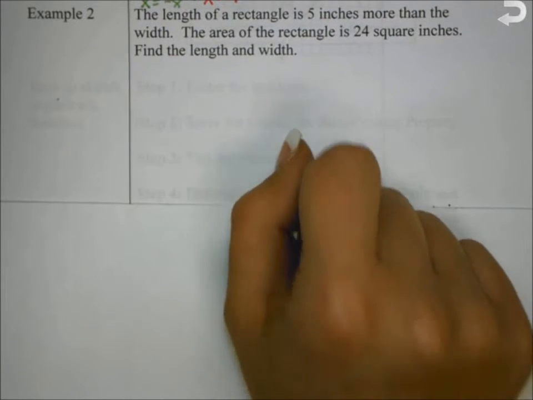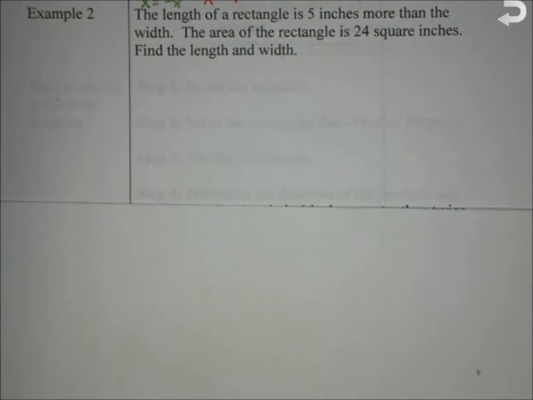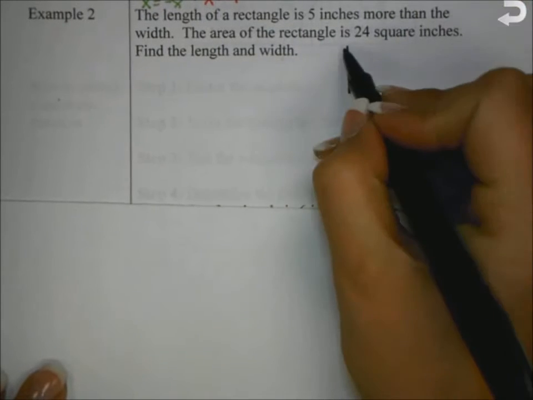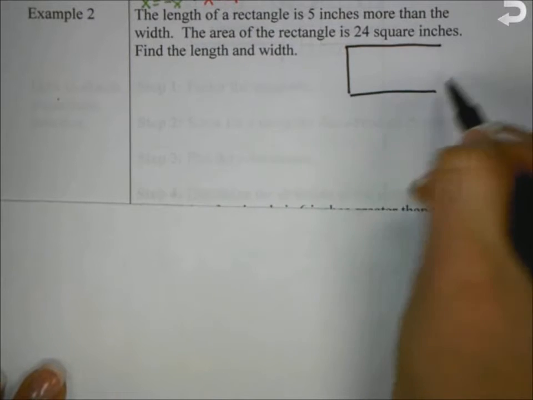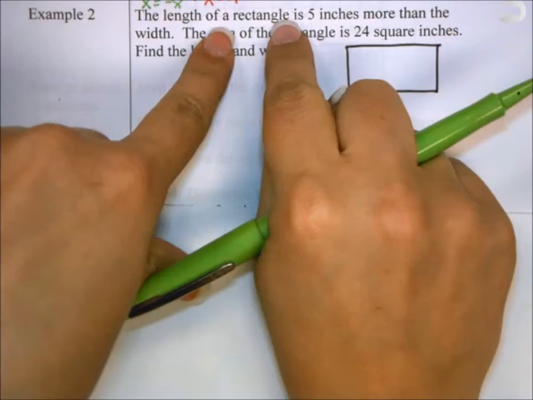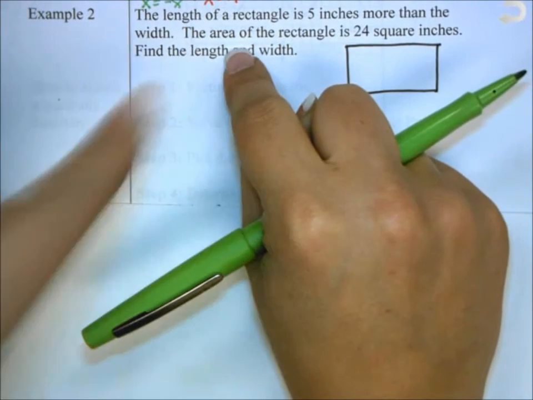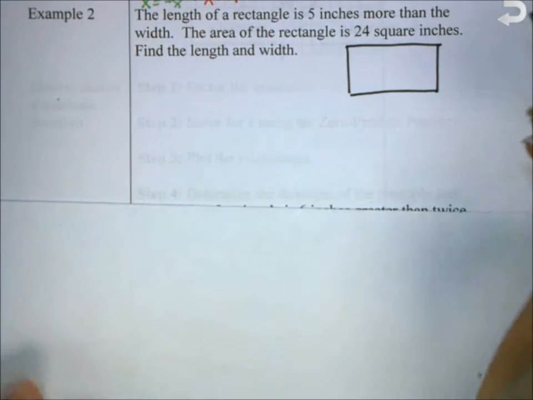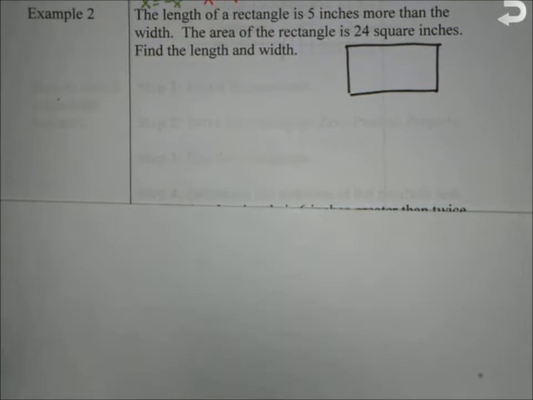What do you think the first thing I'm going to do here is? I'm going to draw a rectangle because it's easier for me to see the picture. Okay, so the length is 5 inches more than the width. So let's say that the width is x, which would make the length x plus 5.